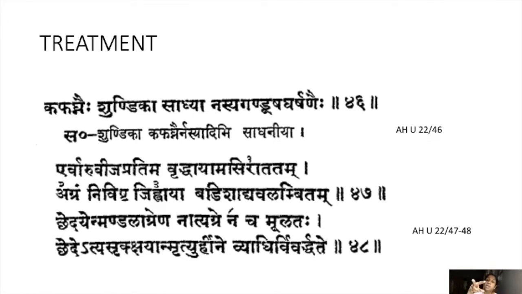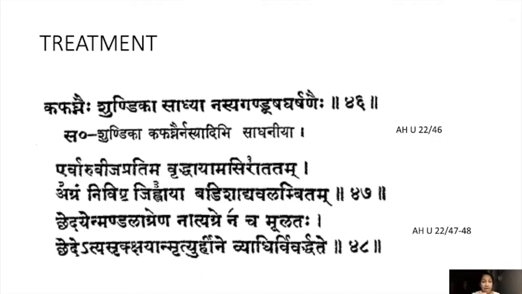So Agram Bedishena Avalambidam. With the Bedisha Yantra, we can hold the tip of this Talu Mula, Chedayed Mandalagrena, and you can cut using Mandalagra, Na Atyagre, Na Chamulataha, not at the tip, not in the root area. So in between you have to cut.